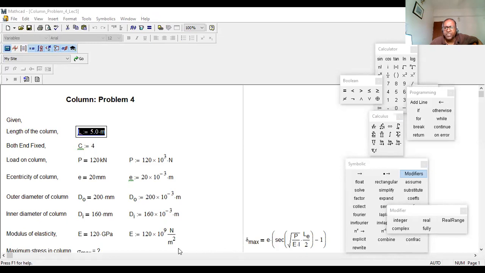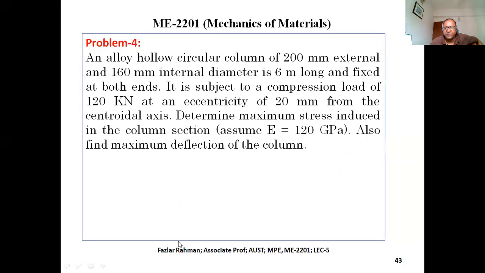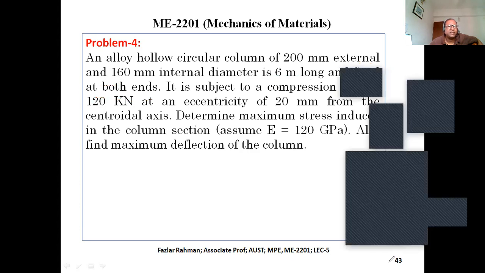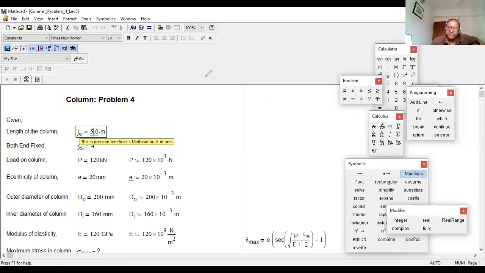Here it says 6 meter long, fixed at both ends. I put 5 over there, so length is 6 meter, so we can change it to 6 and it will be automatically updated.